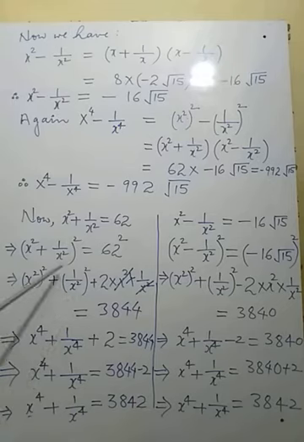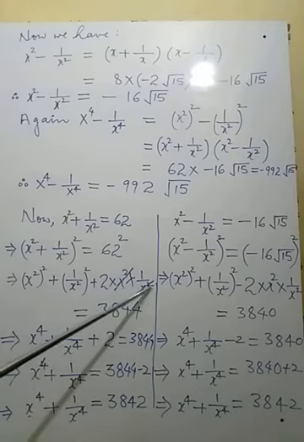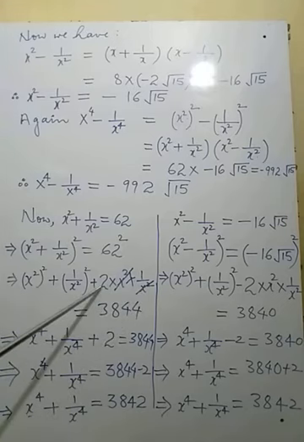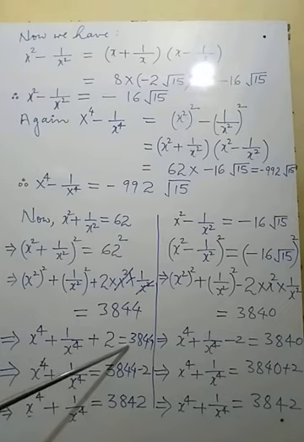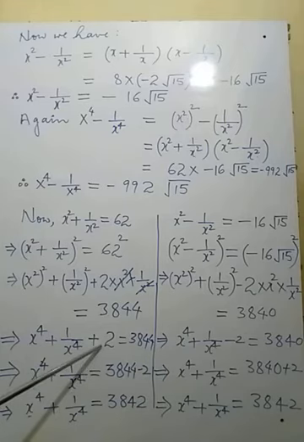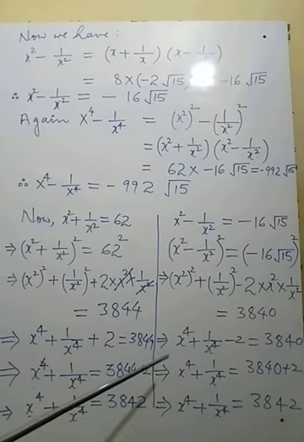What to do? Now we have to simplify this. So this will be square of x square, so that will be power to the power, so that will be multiplication of power, so it will be x to the power 4, again power to the power, so that will be again multiplication of power, so 1 upon x to the power 4, plus 2, because x square and x square both are cancelled, so 2 1 are 2, equal to 3844. Now this 2 will be transposed to that side. Here it is plus form, in that side it will become minus form. If you transpose to right hand side, it will be minus there.